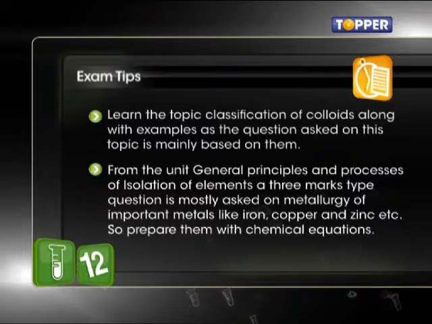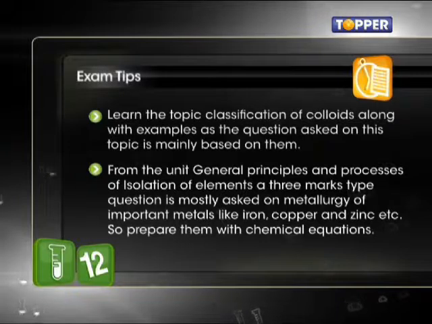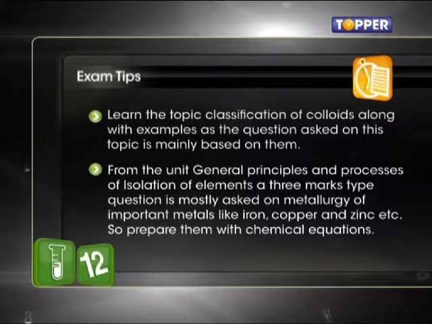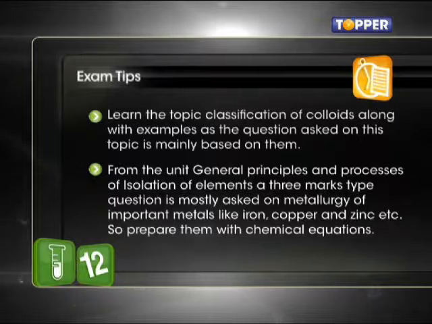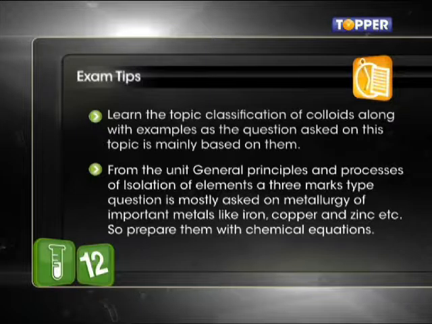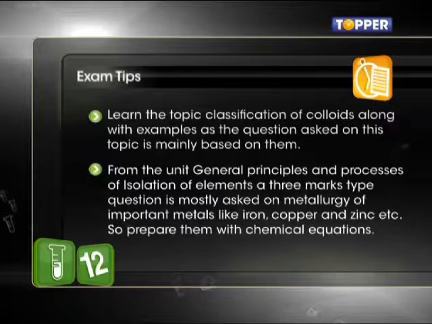From the unit General Principles and Processes of Isolation of Elements, a 3 marks type question is generally asked on metallurgy of important metals like iron, copper and zinc, etc. So prepare them with chemical equations.